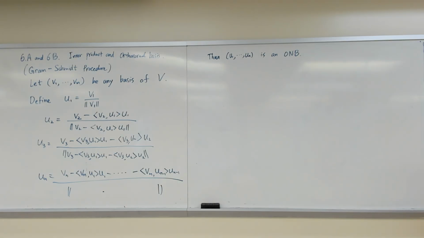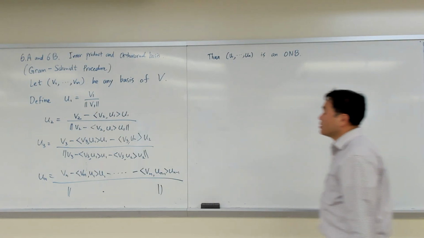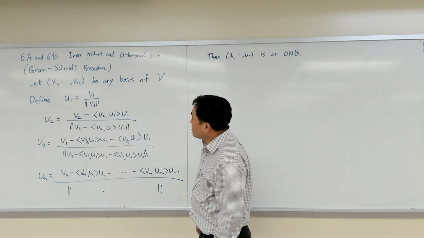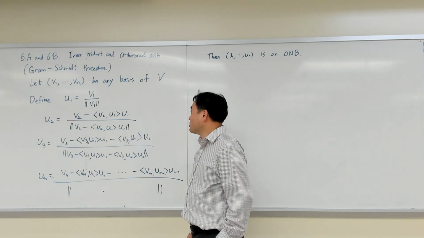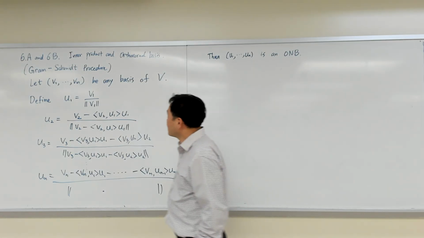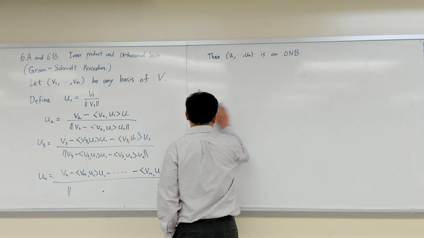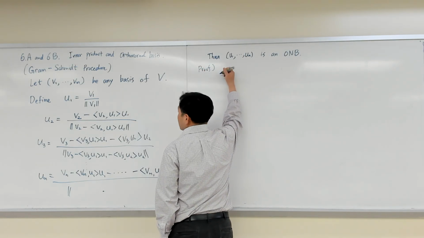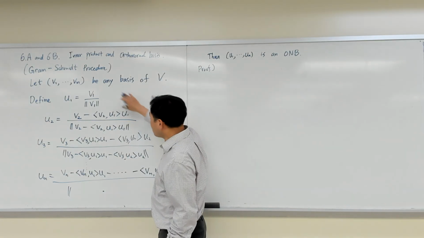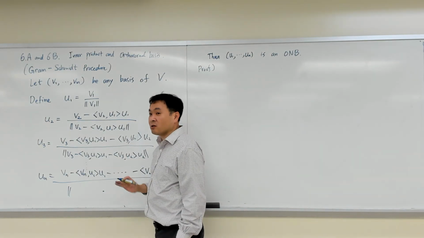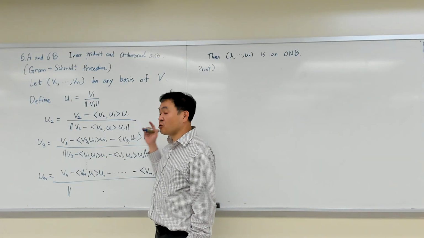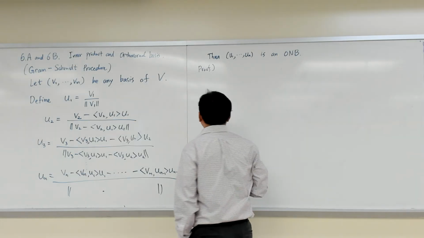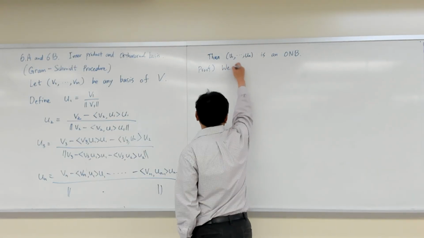Okay, so let's show this by induction. For the proof, these are all already normalized, so the only thing that we have to show is that if ui and uj are different, then they're orthogonal. So we prove by induction.